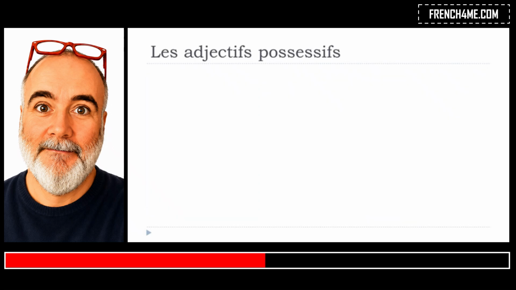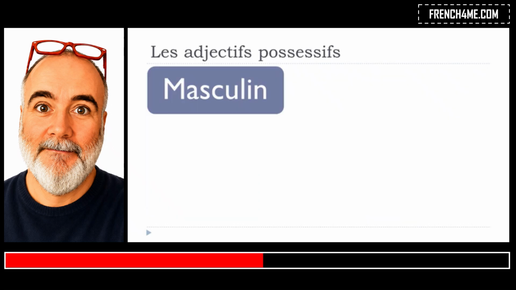So let's see a few examples now. For the masculine, mon père. Père means father. Father is masculine, and so you will put mon père. You will put here the masculine adjective possessive, my father, just because father is masculine.